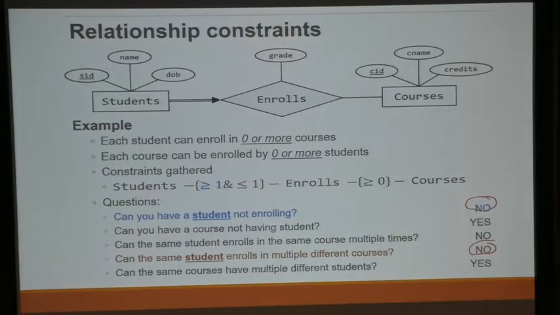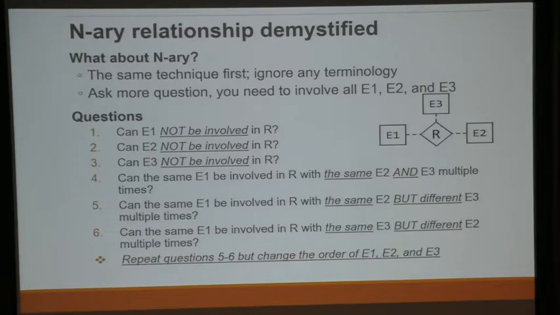If you generalize this to ternary, then you ask for each of those entity sets and each of the possible triples. This one, which is a generalization of the previous question 3, will always be no. You cannot have the same triples appearing twice. Right?